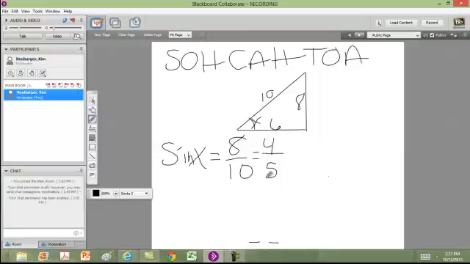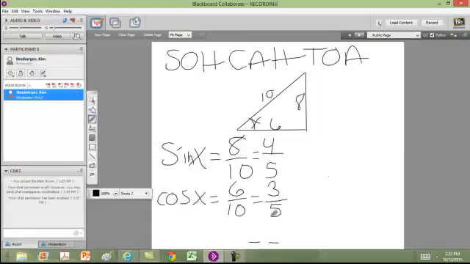Now the cosine. Cosine starts with C, so we're going to look at CAH. Cosine is adjacent over hypotenuse. The adjacent to our x angle is the 6, and our hypotenuse is 10. So that ends up being 6 over 10. Again, reduce it, and we end up with 3 over 5.